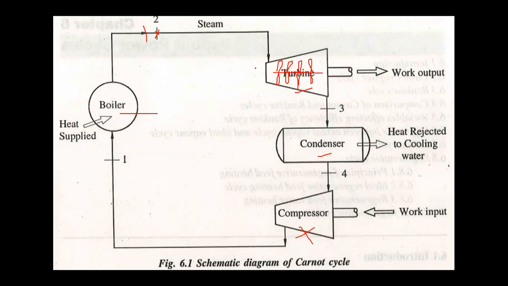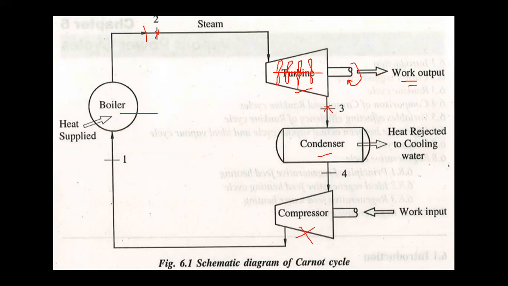This pressure suddenly strikes these blades, and ultimately mechanical work is produced. And this mechanical work, through the shaft movement, connects with the generator, where it produces electricity. After that, we are completing the point 3.